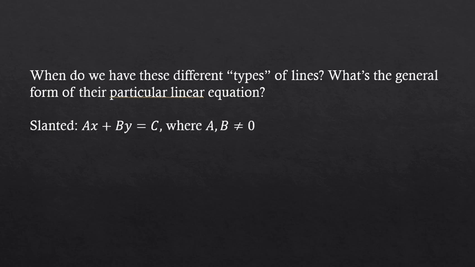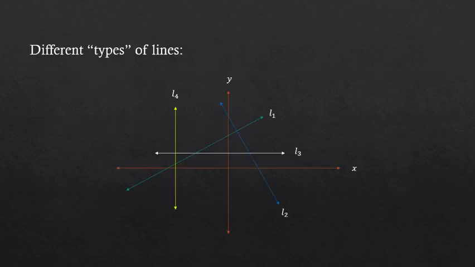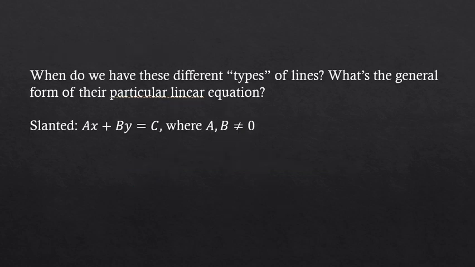Well, a slanted line, things like lines 1 or 2 here, then it's going to be, again, something of the form ax plus by is equal to c, where a is not 0 and where b is not 0. C does have the freedom to be 0.